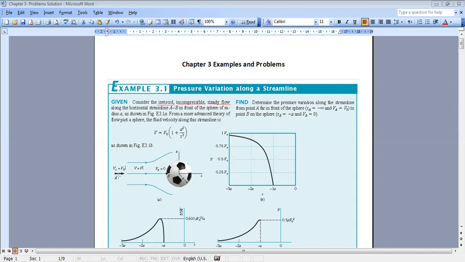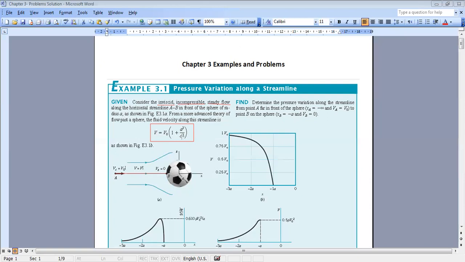And I am interested in particular in streamline AB, which is a horizontal streamline going from point A to point B. What I know is that the velocity at A is V0, and since B is a stagnation point, VB is equal to 0. And they gave me the equation of velocity. We will learn together after how to find the equation of velocity, but for now, they just gave us the equation of velocity as a function of x, and you can verify that this equation corresponds to the given conditions, because at A, x is minus infinity.